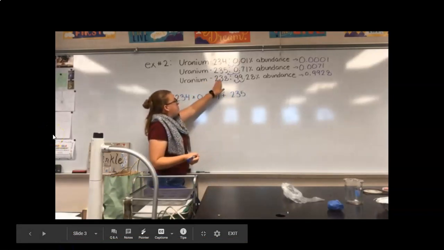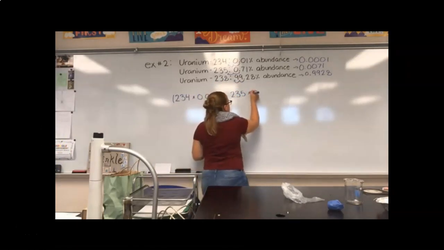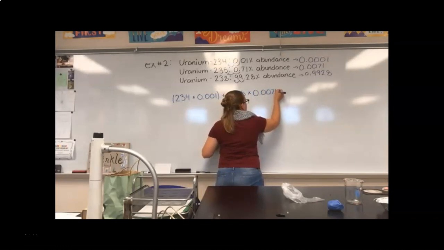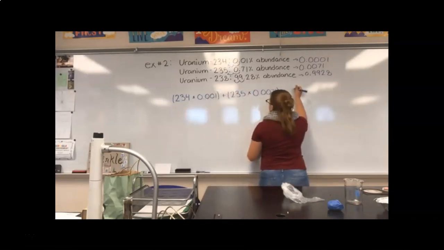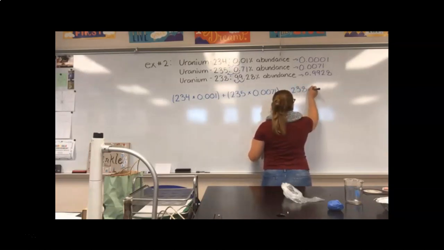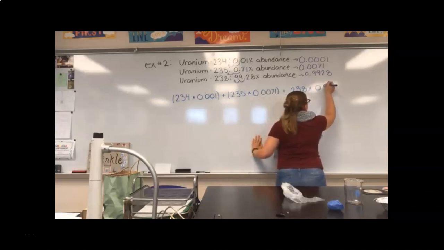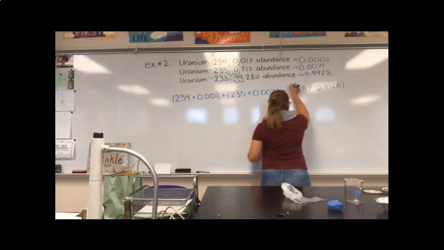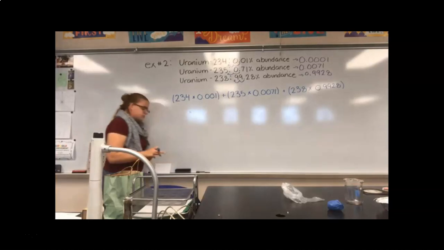And then we go ahead and multiply that by the abundance decimal. And then we do it again for our next isotope that has a mass of 238. And we multiply that by that decimal abundance. And then all you do is plug that into your calculator.